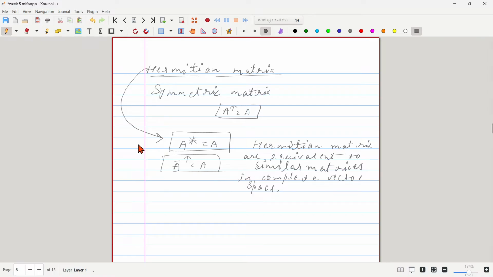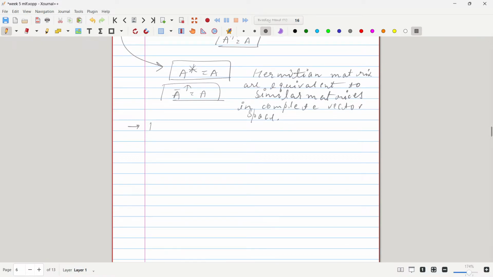Now the properties of the Hermitian matrix. If A is a Hermitian matrix, then the eigenvalues, you all remember how to find the eigenvalues?